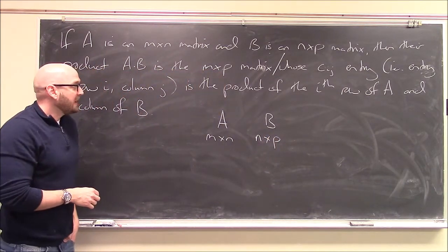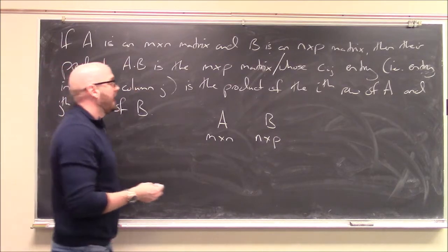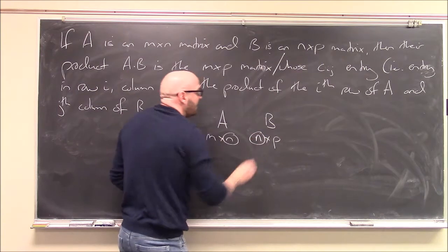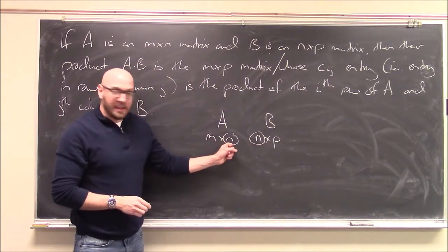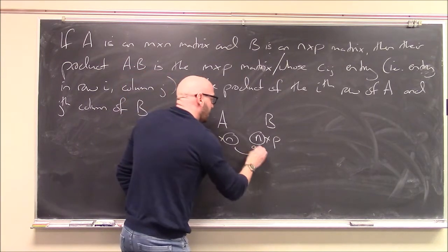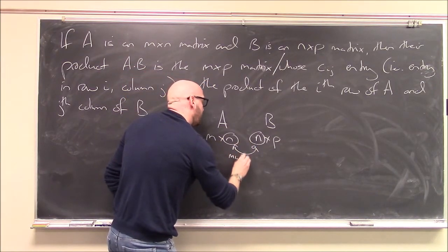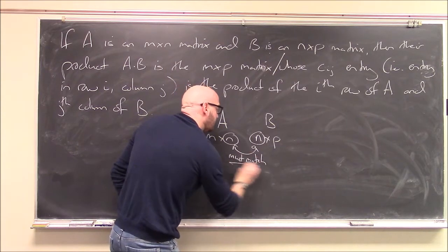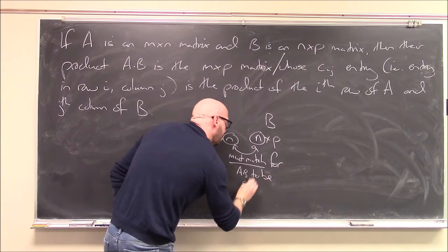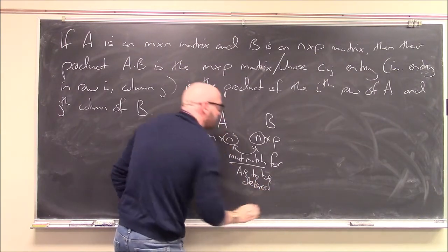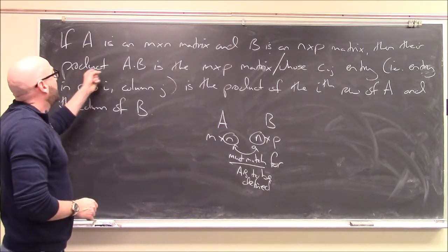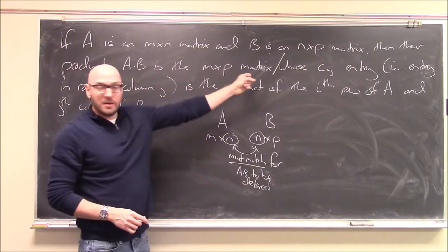So in order to multiply two matrices together, this has to happen. They have to be of these corresponding sizes, which means that the number of columns of A has to match the number of rows of B. So these must match for AB to be defined. And the resultant product, A times B, is the m by p matrix.